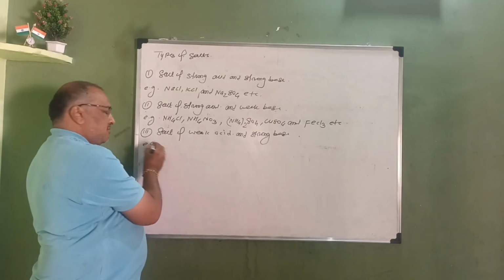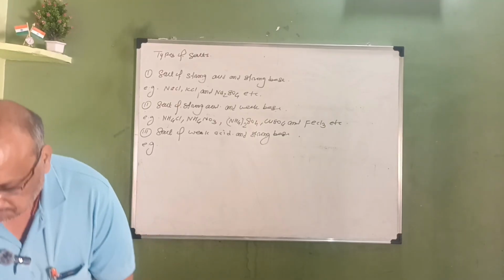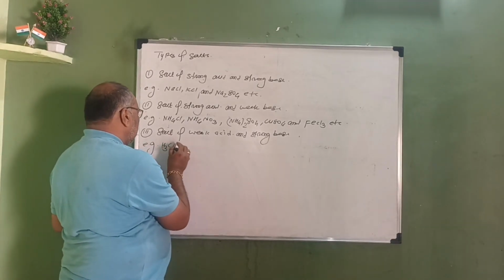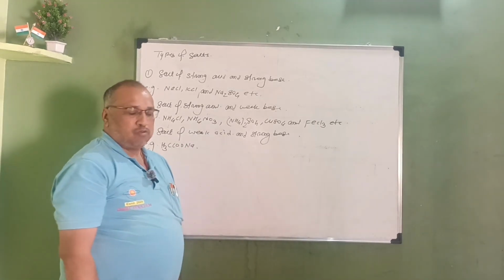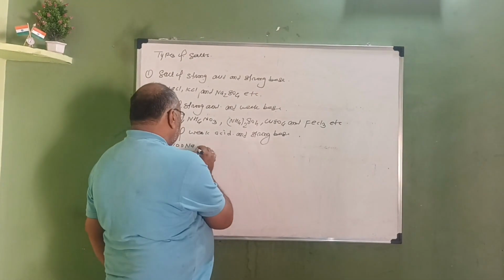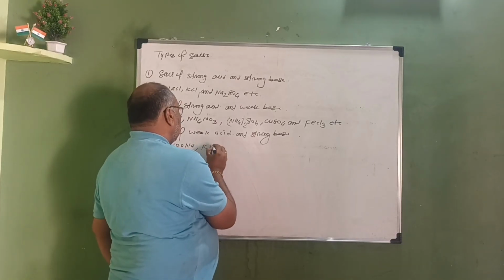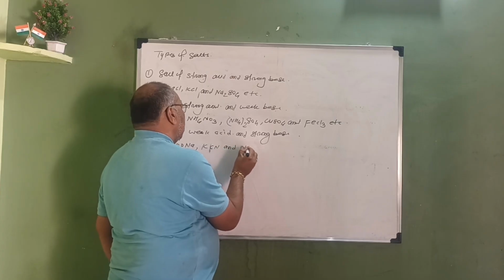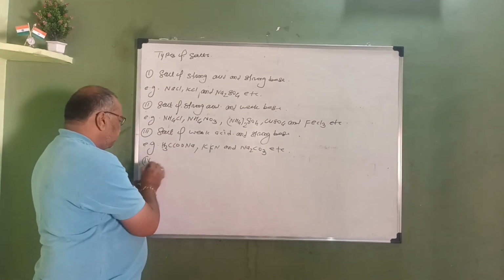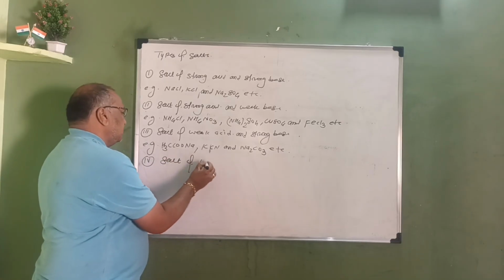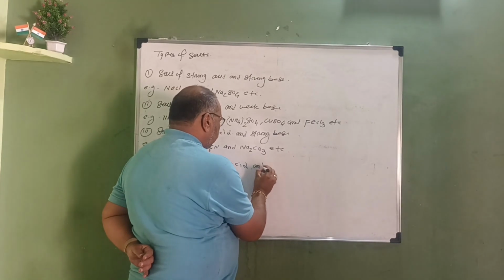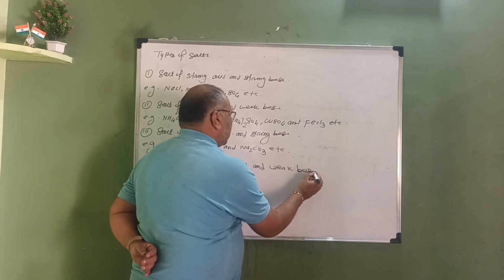Now here examples are sodium acetate, KCl and Na2CO3 etc. Fourth, salt of weak acid and weak base.